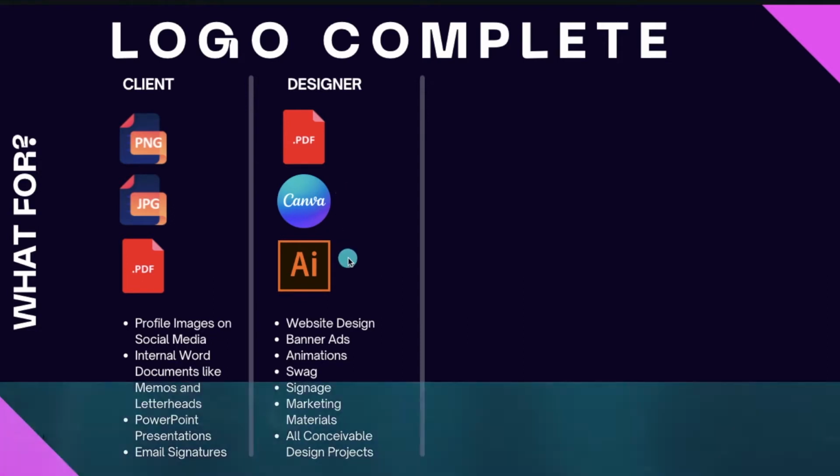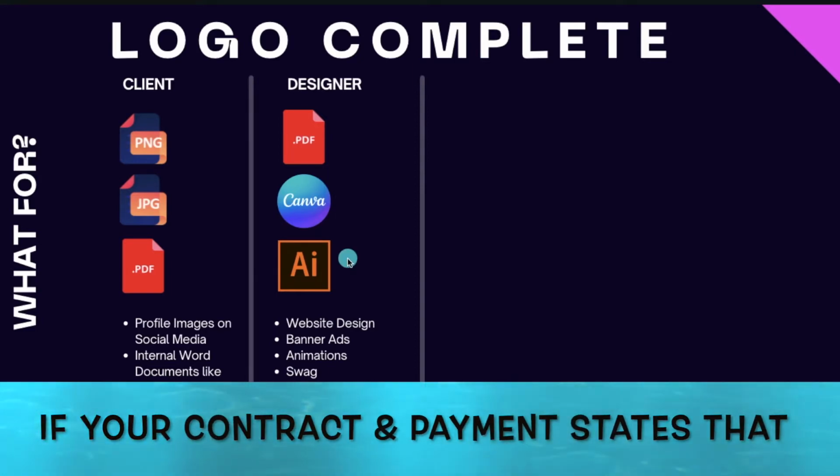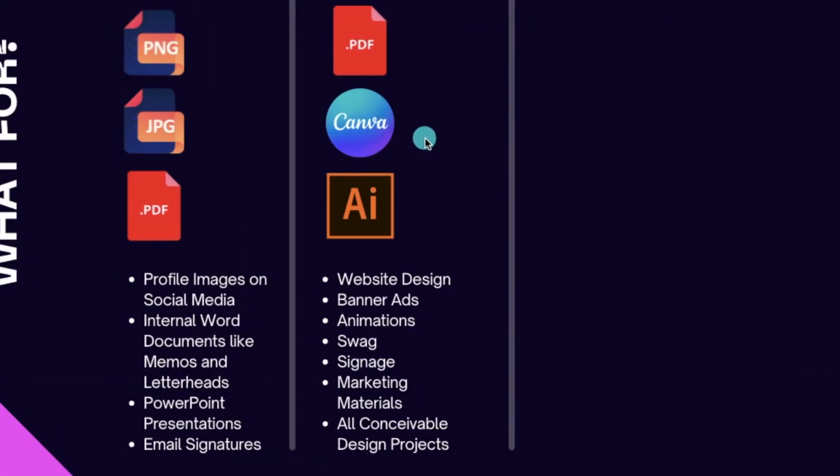Or if you've designed it on Adobe Illustrator, then you need to send them that source file so that they're able to convert it and change it to the customer's desires. So what do they need this for? They could be designing a website, banners, animation, marketing materials, etc. Any design project that they might be designing for your customer, they will need these source files in order for them to help your customer.